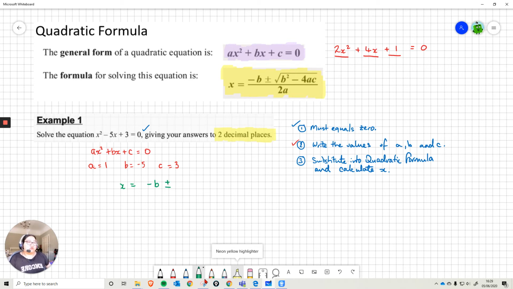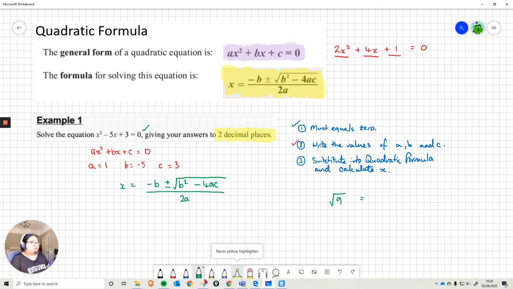Now, the reason there are two symbols here is because we've got to do two calculations. We add the square root of b squared minus 4ac, and then divide it by 2a. And then the second time we do it, we have to do minus b, subtract the square root of b squared minus 4ac, all divided by 2a.